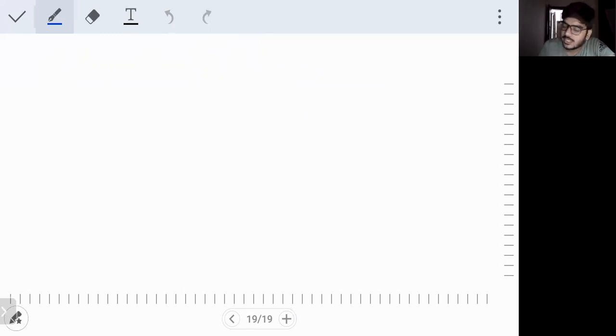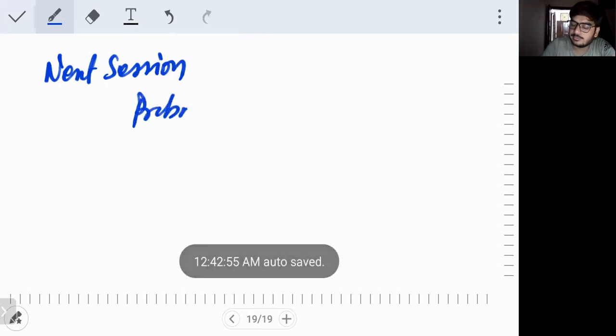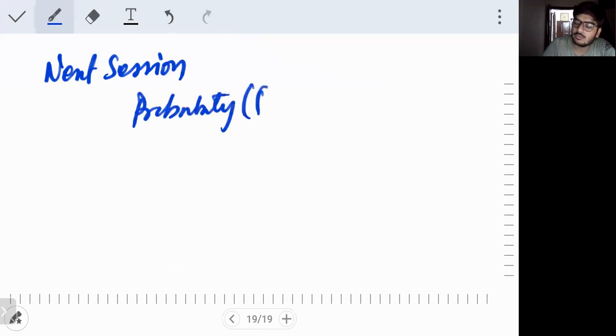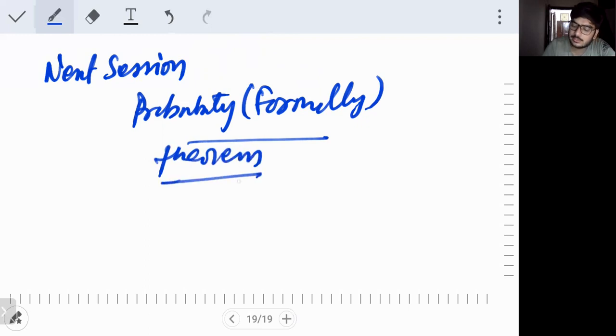After that, in the next class, we will define probability formally, like what the probability of an event is. We will take multiple examples and also define its theorems. So we will do that in our next class.